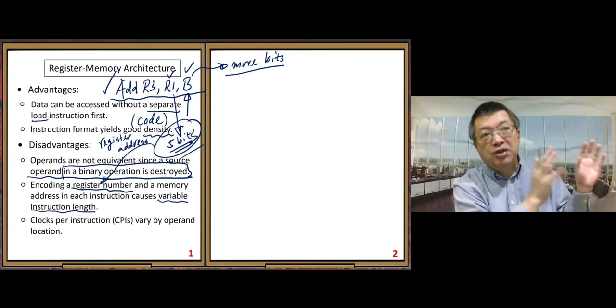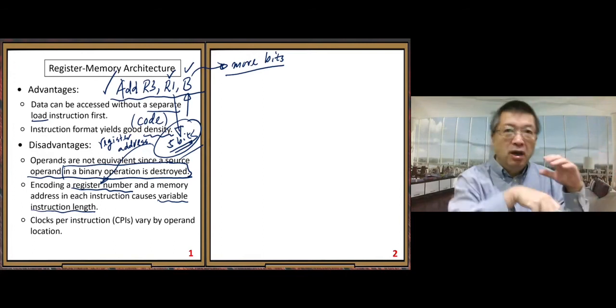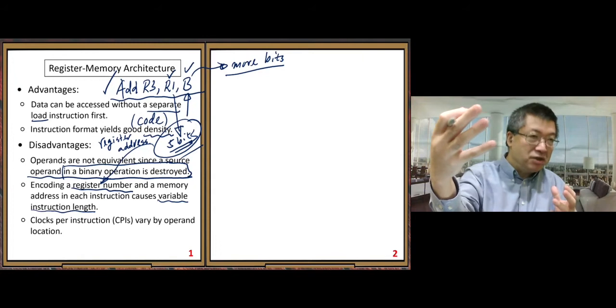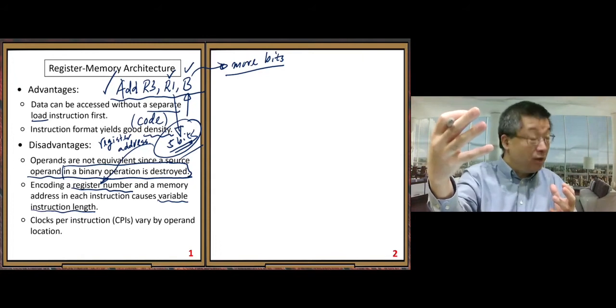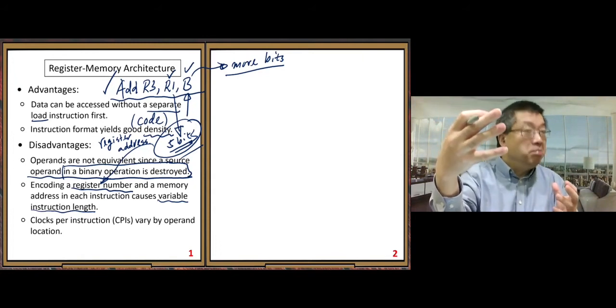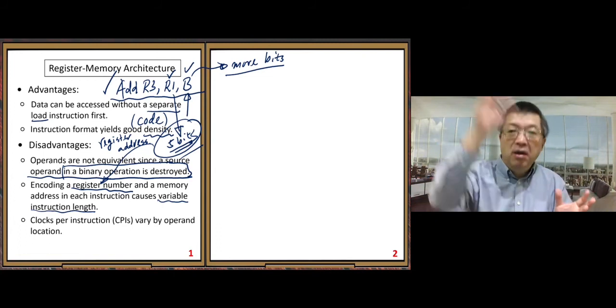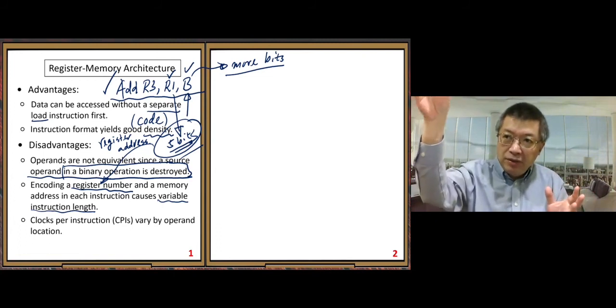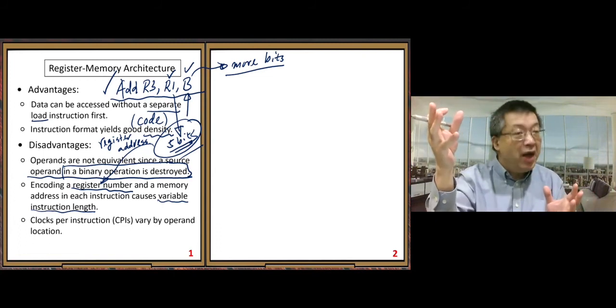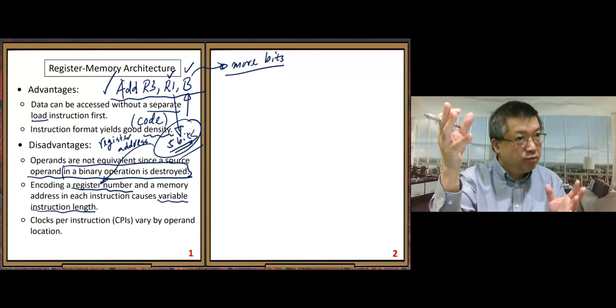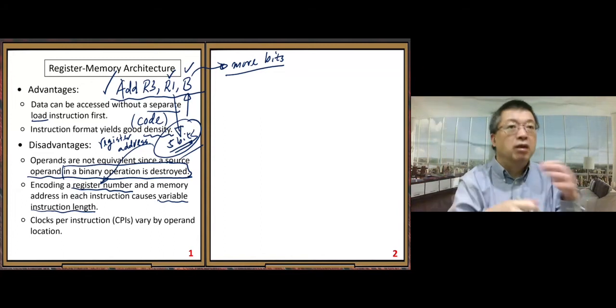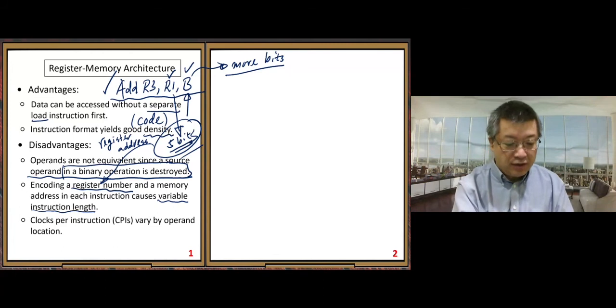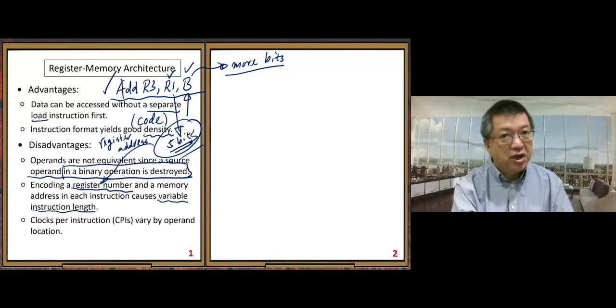But if your instruction contains a memory location, then it will be much slower because you have to go to the main memory to load the data. That usually takes much longer, much slower. So that's another disadvantage.